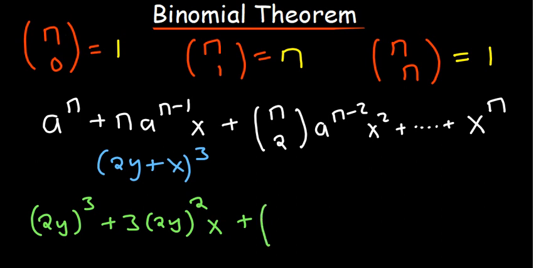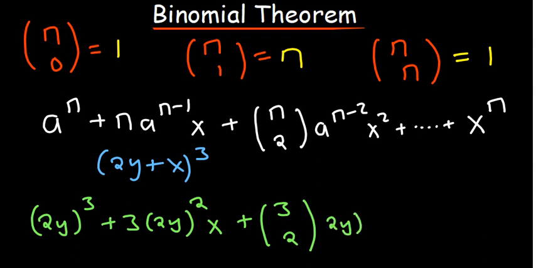Now this is where we'll be introducing the binomial coefficients. Your n is 3. You are choosing 2. And then you have a, your a is 2y.